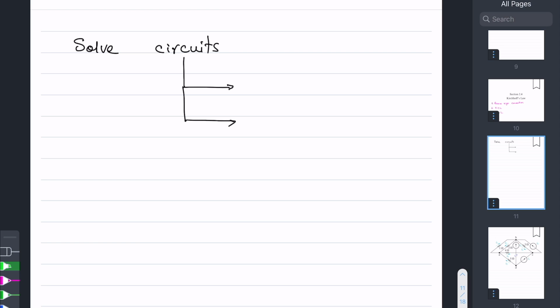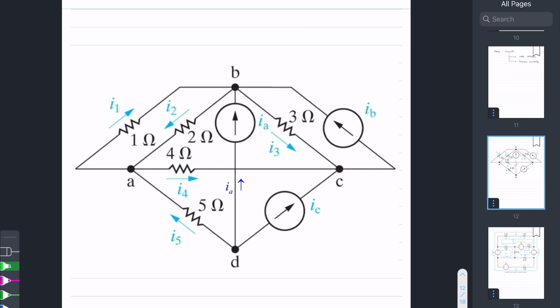Well, it simply means we are finding out all the node voltages and all the branch currents. Let me show you what I mean. If I go to this circuit here, there are a bunch of nodes, right? 1, 2, 3, 4.